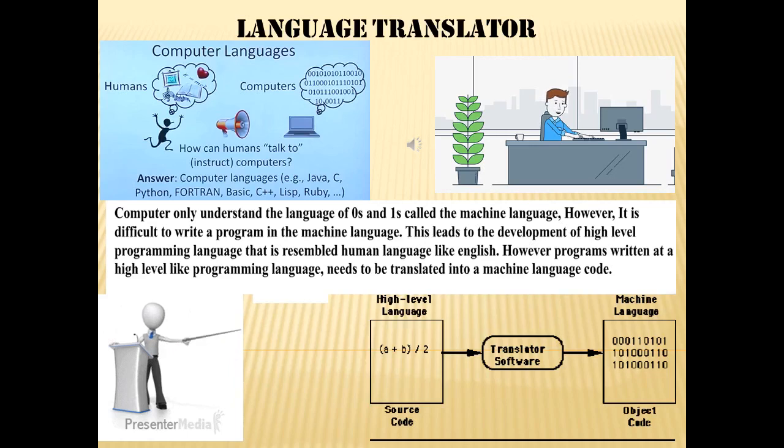The programs written in a high level programming language need to be translated into machine language. For this, a language translator is necessary. The translator software's main work is to translate high level programming language into machine language, because computers only understand the language of zeros and ones.